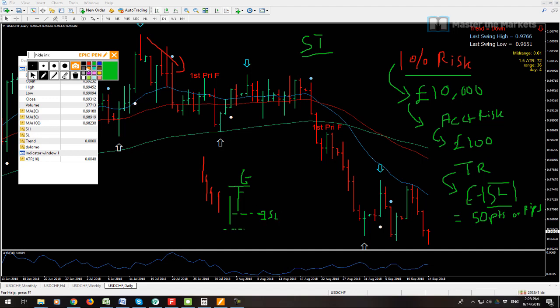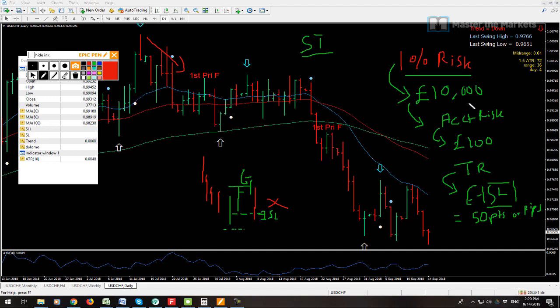That means if the market does turn, let's say it goes up a little bit the next day, and then the next day it turns and comes back all the way down, what it's telling the broker is, hey broker, if the market falls below this level, take me out of the trade. I want my loss to be stopped.